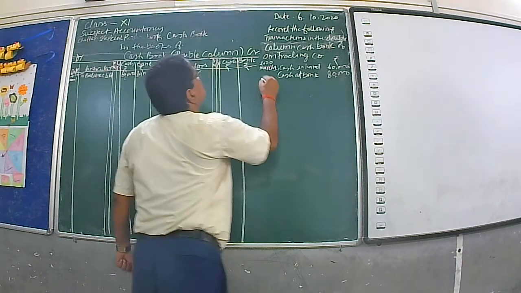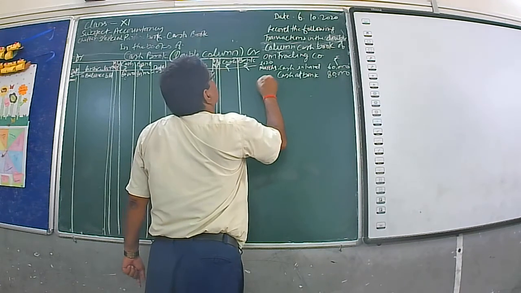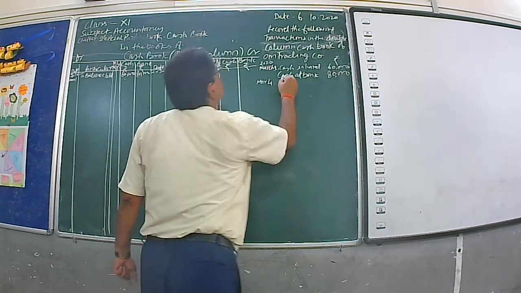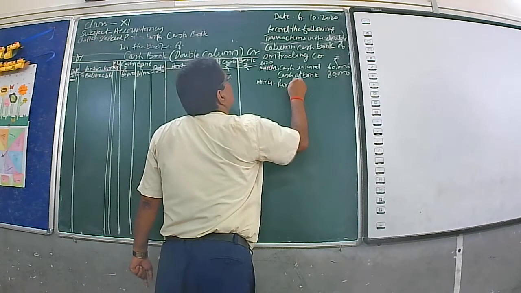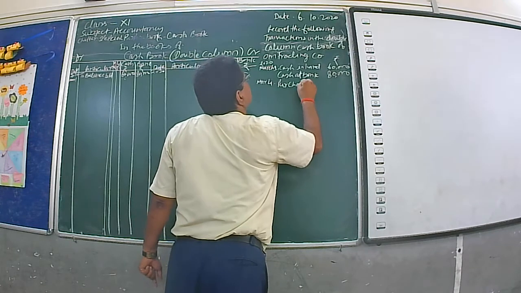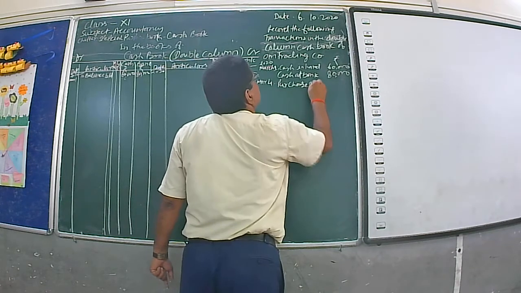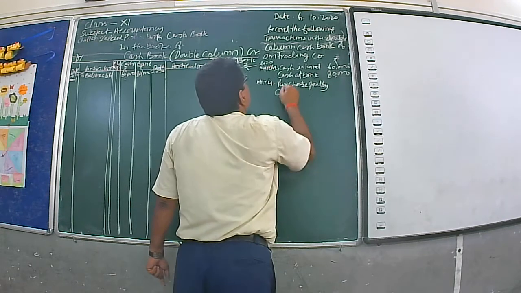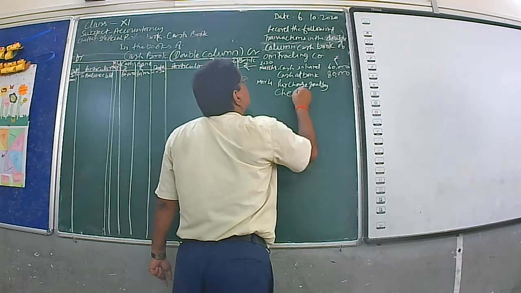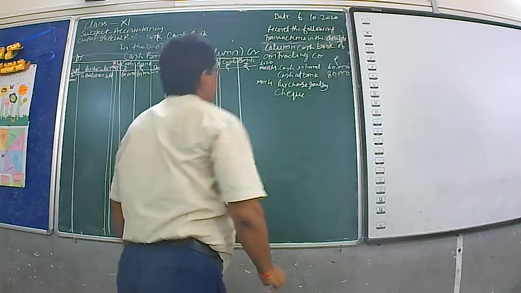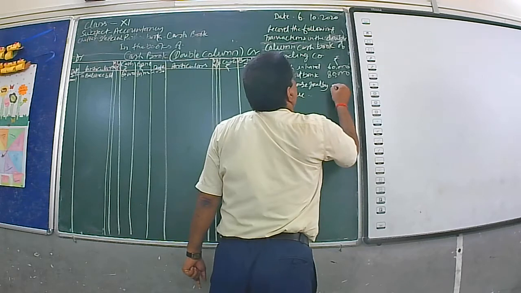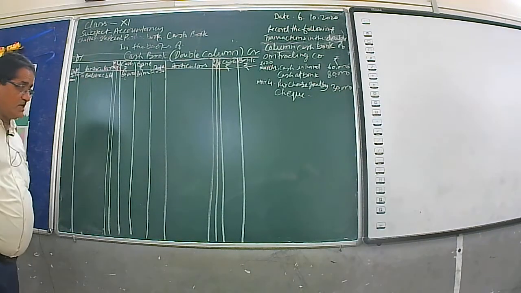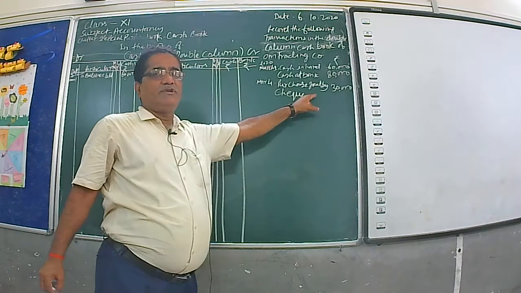Next, March 4, purchased goods by check, rupees 30,000. For this, the journal entry will be purchase account debit to bank.